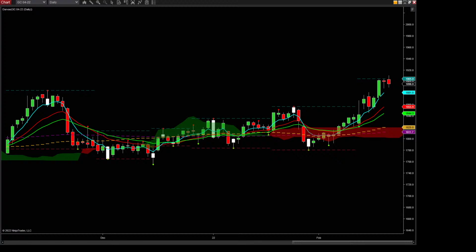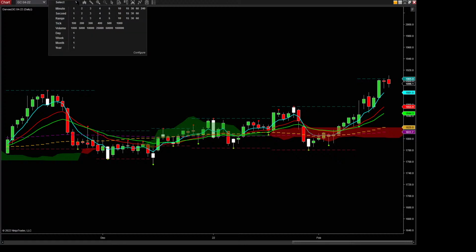It seems that it's stopping. It's a little bit extended out of these moving averages, but all the moving averages are moving up. Today in the morning I tried to trade this breakout of this resistance here, but it came back down. Probably not a good idea what I did in there.